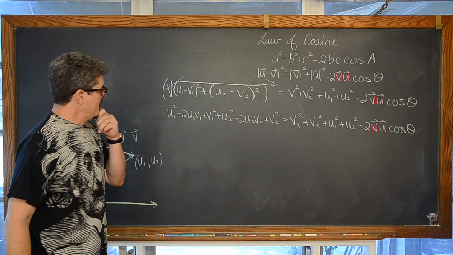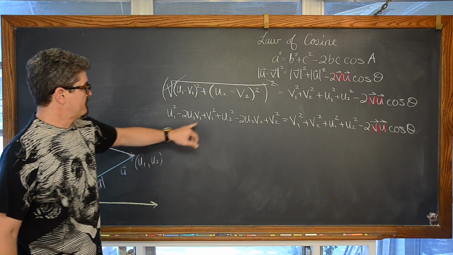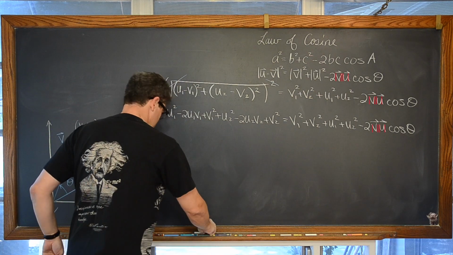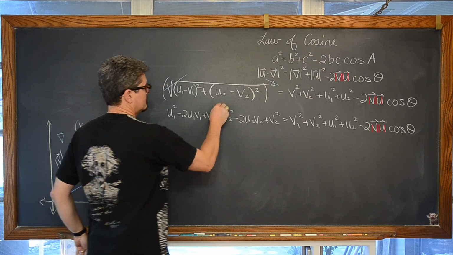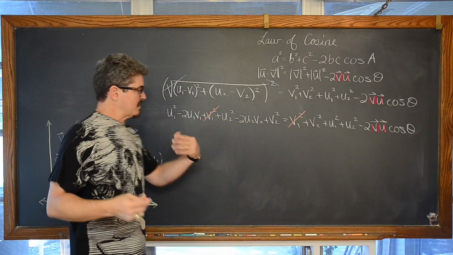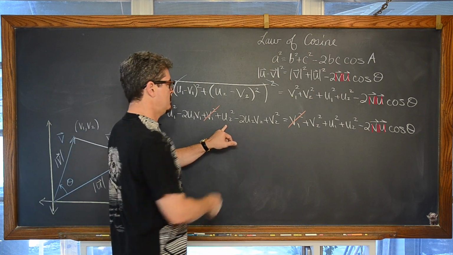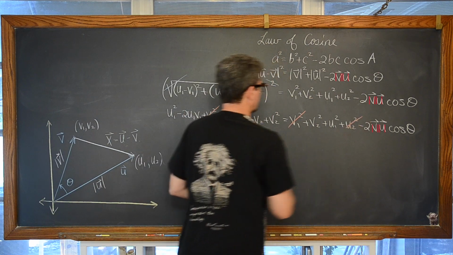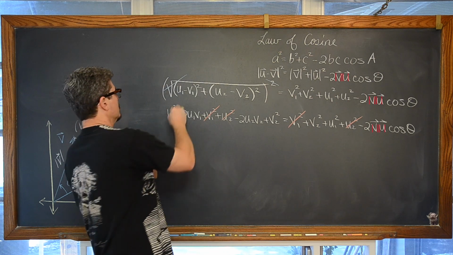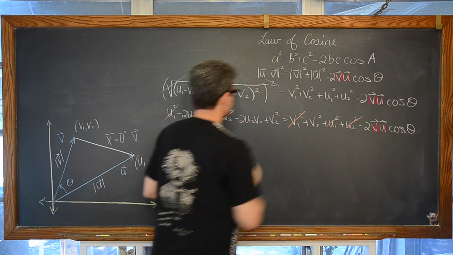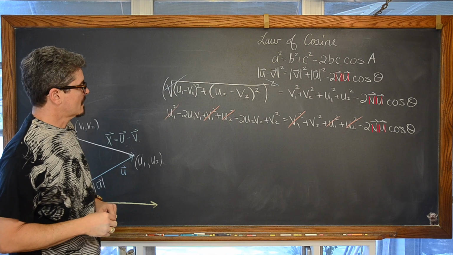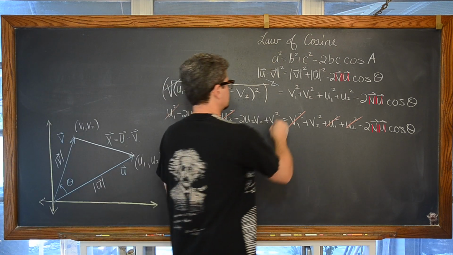Now on each side of this equation, look what happens. We have a v sub 1 squared on both sides. That's going to cancel when we subtract that term from the left and right-hand side. Same with the u sub 2 squared, u sub 1 squared, and v sub 2 squared.